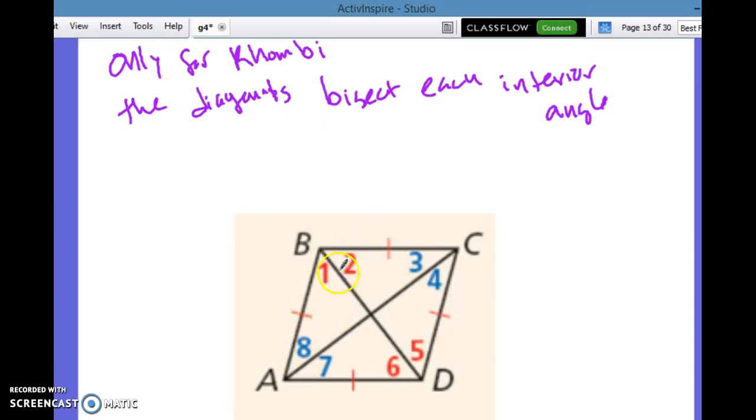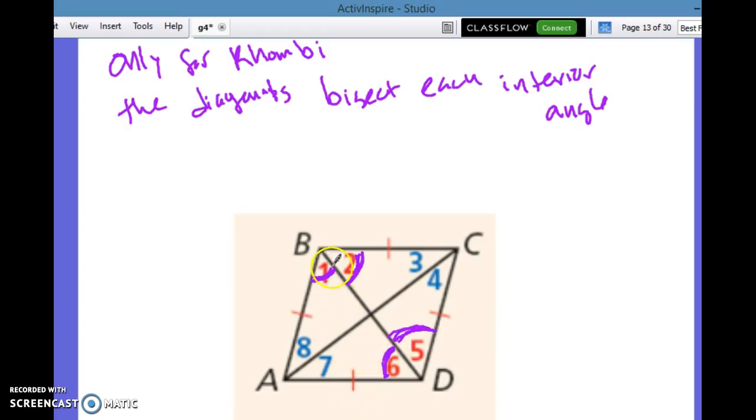So each one of these diagonals splits. For example, angle B would be split in half. These two would be the same. 1 and 2 would equal one another. 5 and 6 would equal one another.